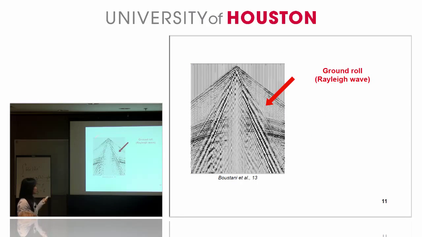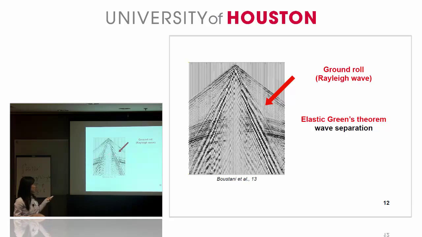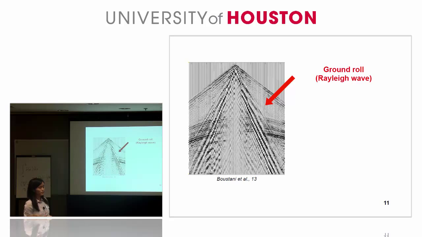Now let's use this land data example to step into the elastic world. Here you can see this is your reflection data, and this is the ground roll. It's very strong, and we know this is the interface wave generated at the air-earth boundary. We are interested in identifying and removing these waves. We are aware that ground roll removal is a non-trivial problem.